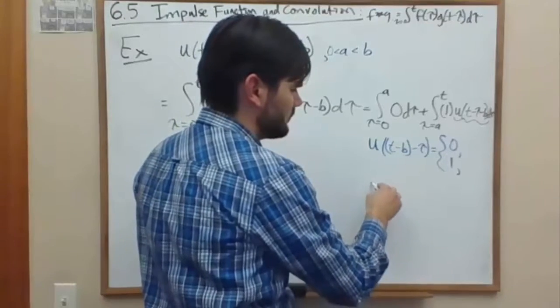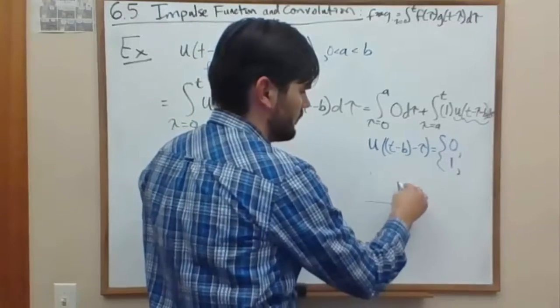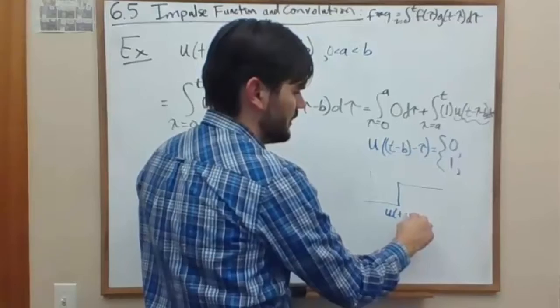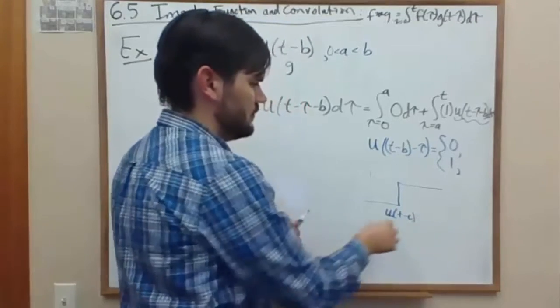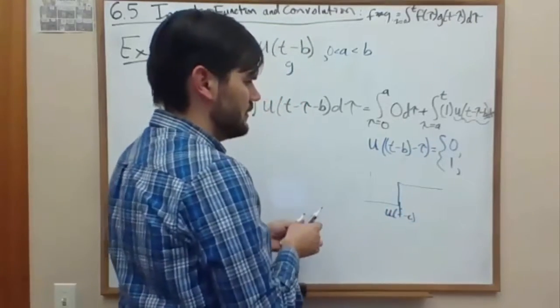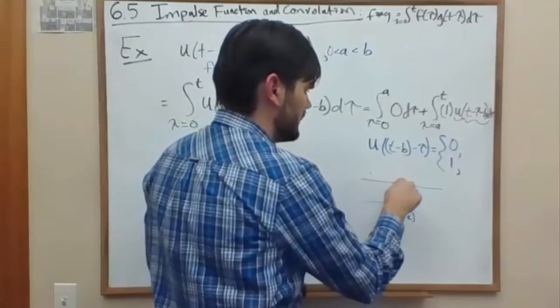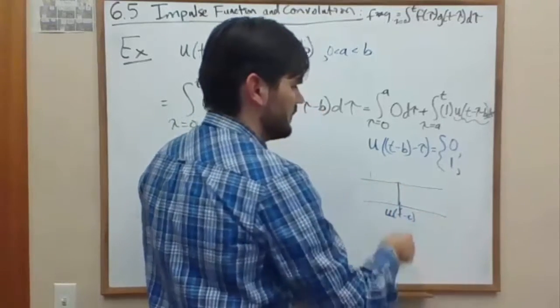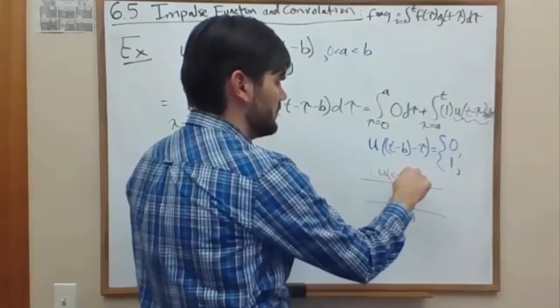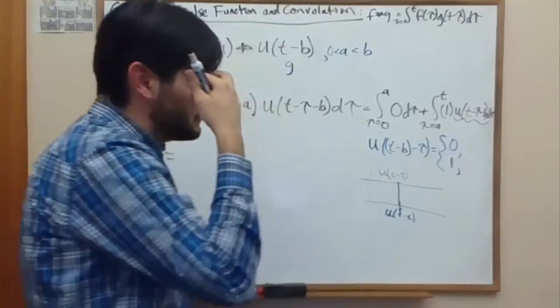So for example, here is u of t minus c. This is our c value. Whereas there is u of c minus t.